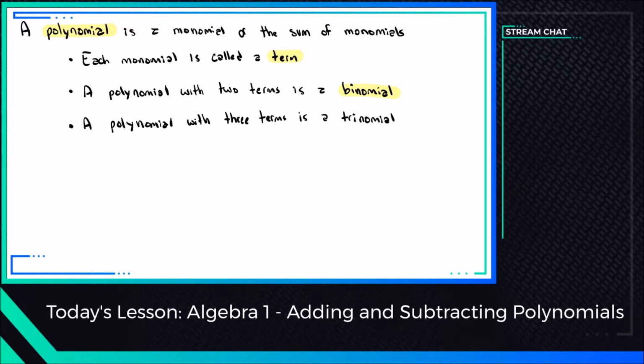And then if you have four or more terms, you're not going to have a quadromial. That's not really that fun to say. So anything with four or more terms, that's just going to be a polynomial.